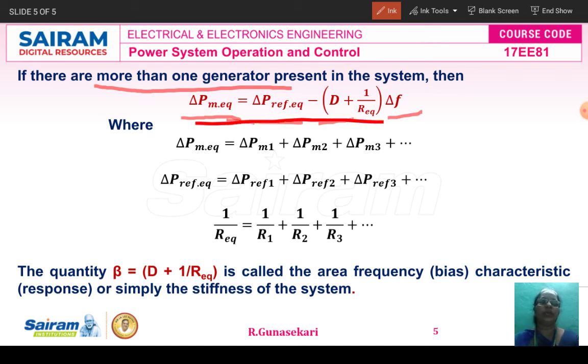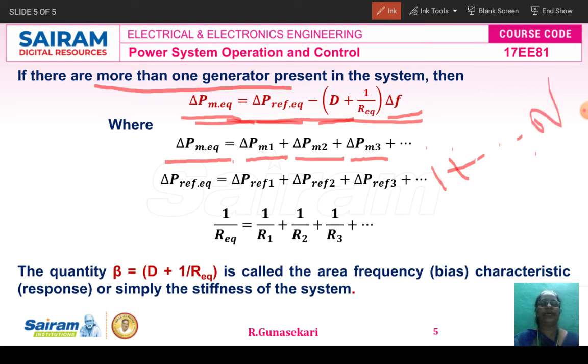In this equation, del Pm equivalent, the equivalent mechanical power or turbine output, equals del Pm1 plus del Pm2 plus del Pm3 and so on, up to n generators. That means n number of generators are connected and synchronized to meet our load demand in the interconnected power system.